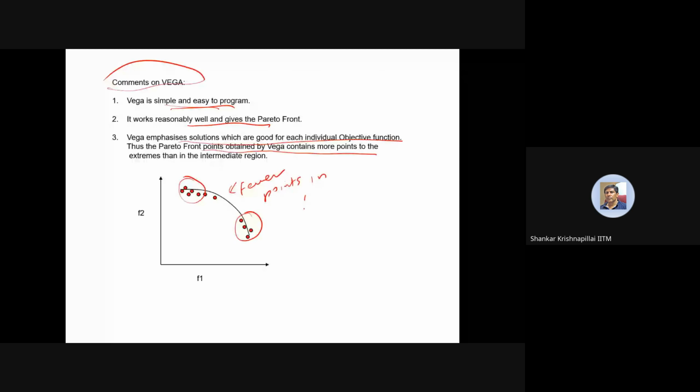If you run for a lot of iterations, you may get 1 or 2 points here, but the points will be bunching up at the ends. So that is the disadvantage of this vector evaluated genetic algorithm. Okay, we can stop now.